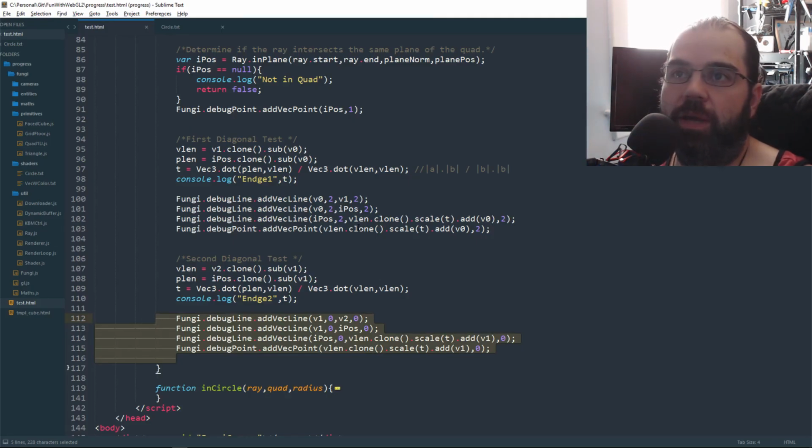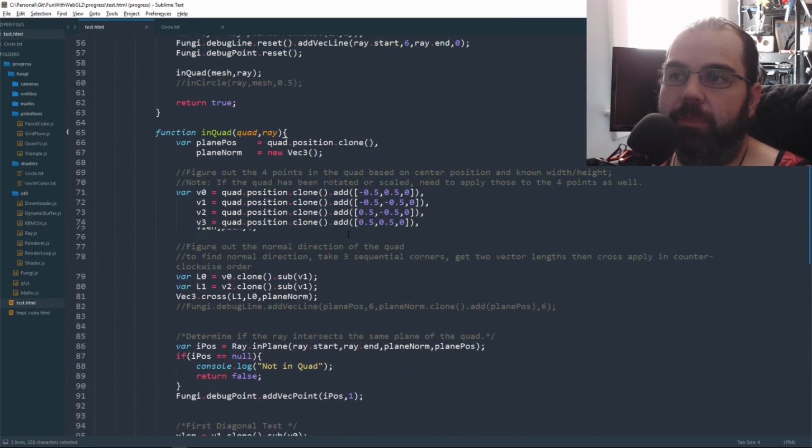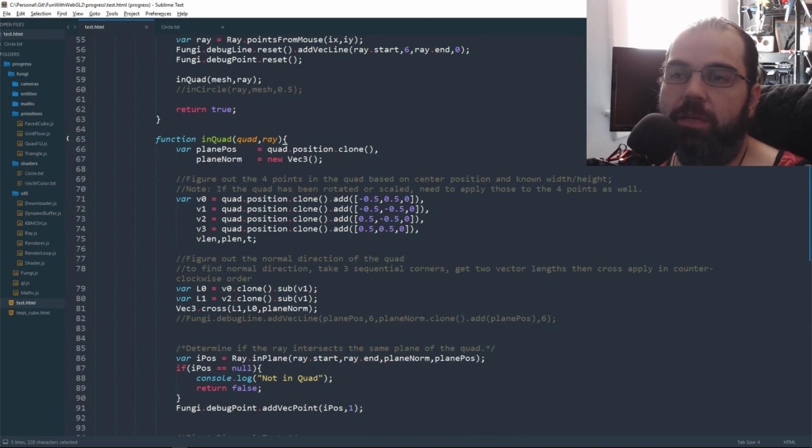The only thing you have to keep in mind is that what I did here is take the position and add its local space so I can get world space. With a quad, you can do a lot of things in 3D space. You can rotate and you can scale. I made a note here that if you're going to rotate and scale the quad, you need to apply those transformations to these 4 points as well.